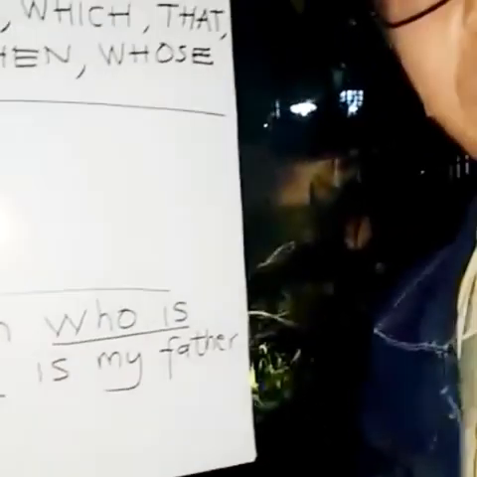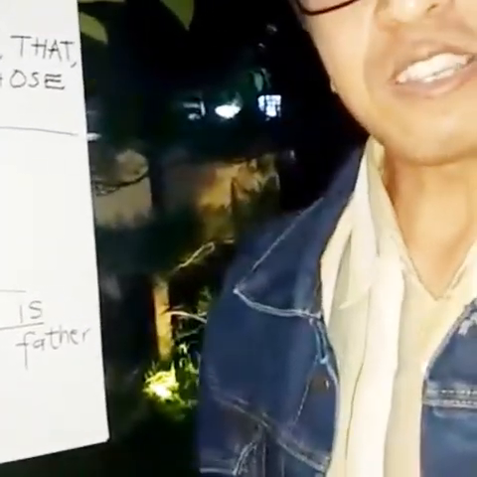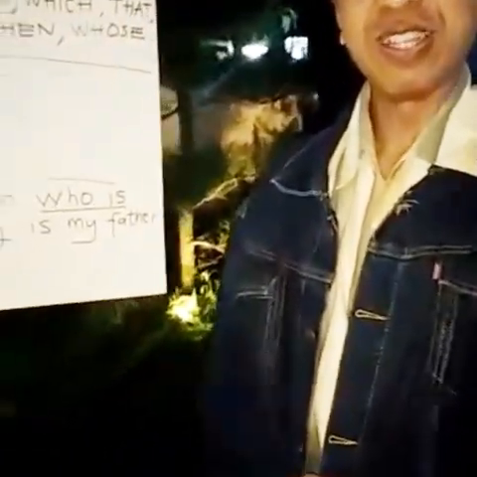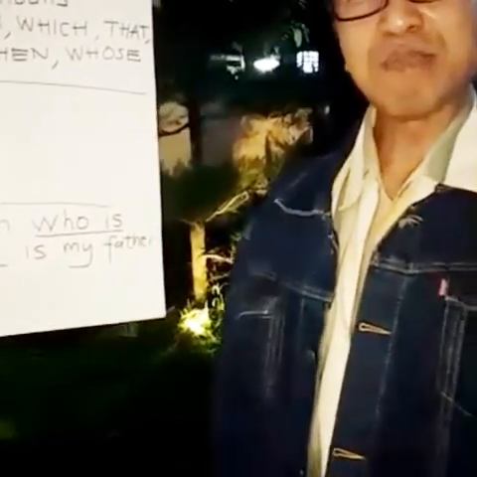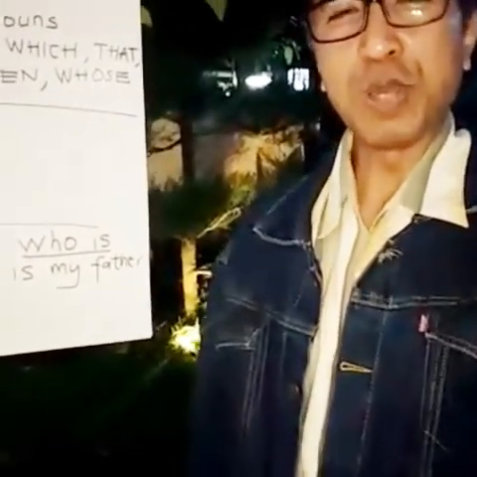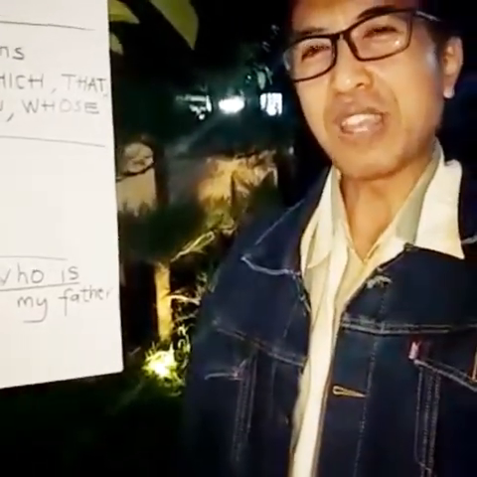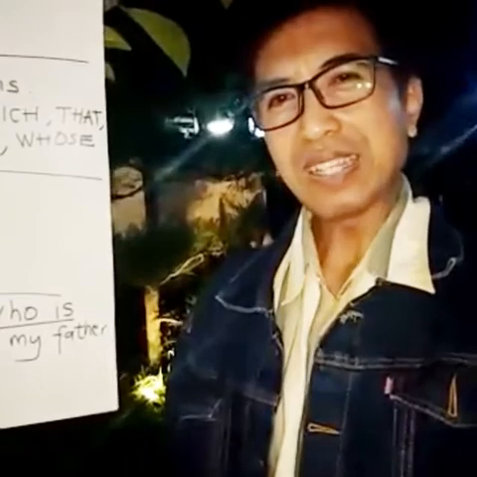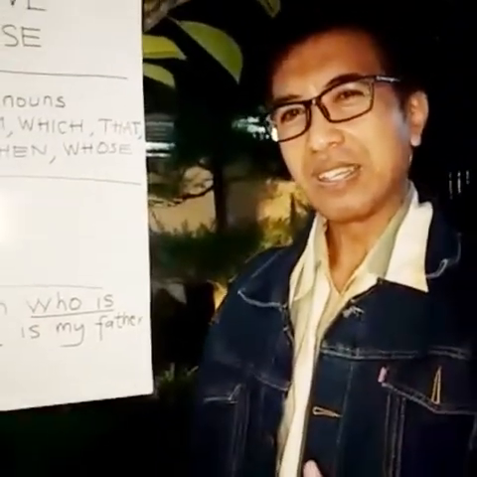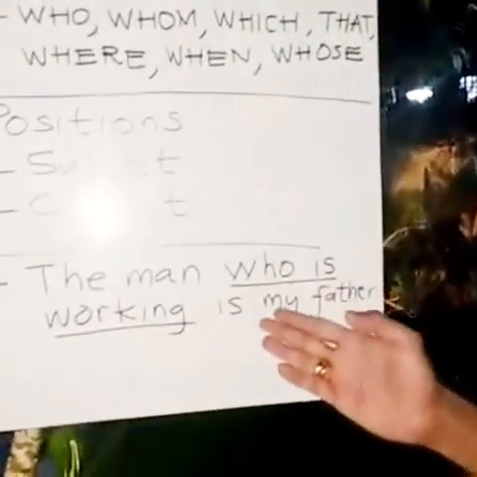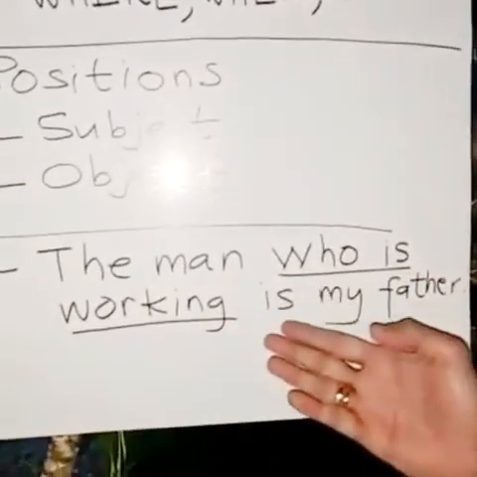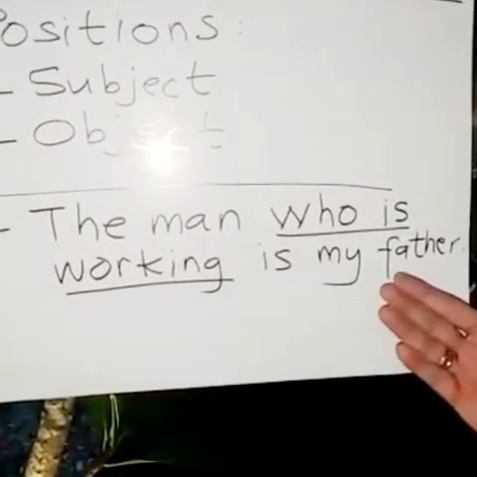Okay, to make it easier to understand, let me give you examples of adjective clause. And please make some notes in your notebook. Please analyze and identify what position the adjective clause has here. Okay, number one. The man who is working is my father.